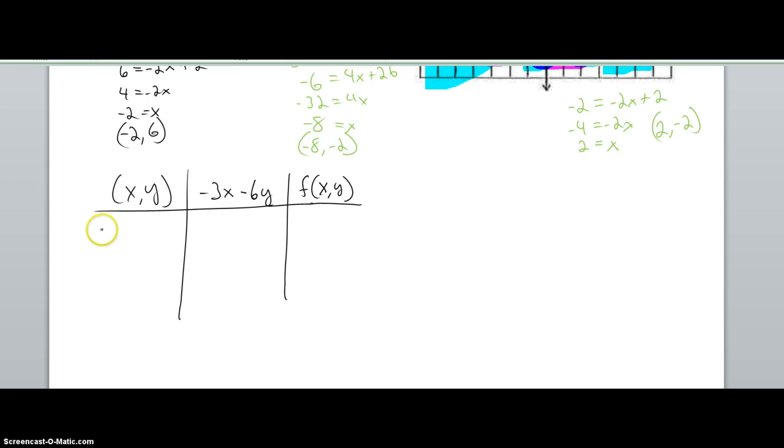Our first vertex here, (negative 8, negative 2), was our second, but it's one of our vertices. We have negative 3 times negative 8 minus 6 times negative 2. Multiply that out, and we will get 36. Next vertex, (2, negative 2).